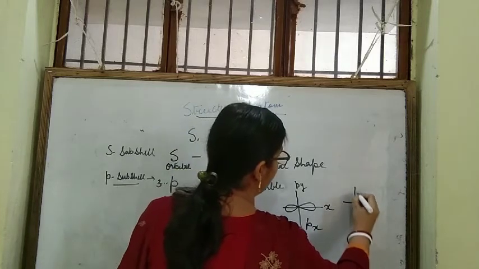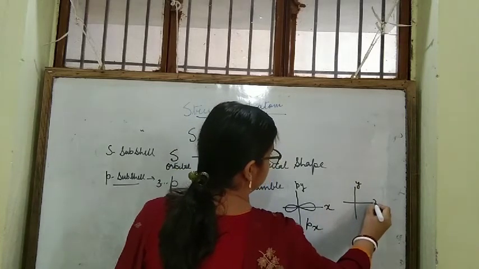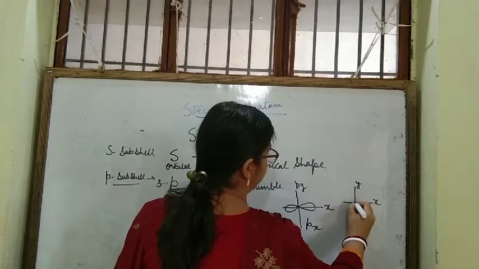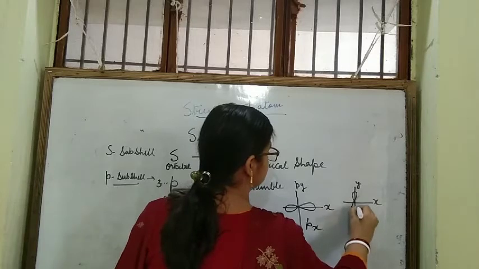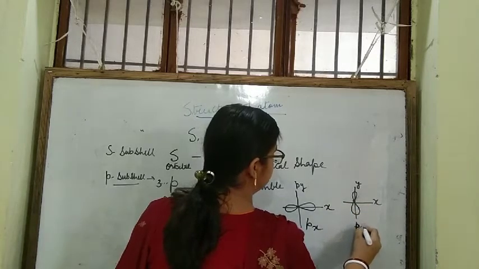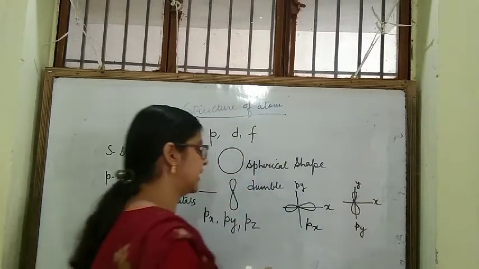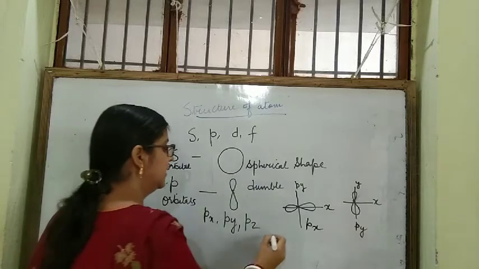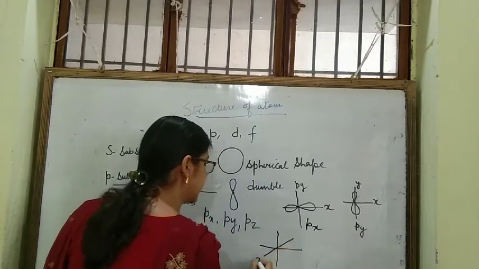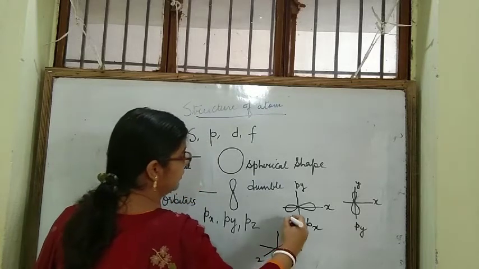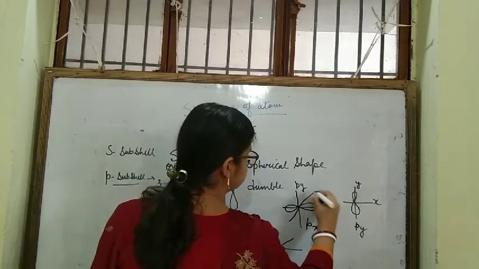Again, py. In py orbital, the lobes of the orbital lie on the y-axis, and in pz orbital, if you take this as z-axis, you can draw the z-axis here also.